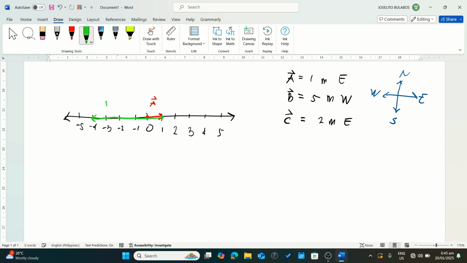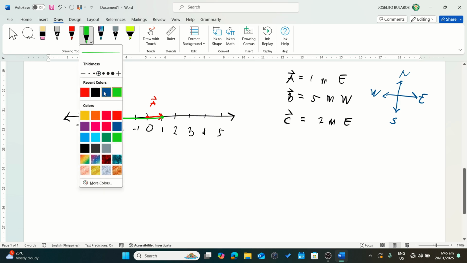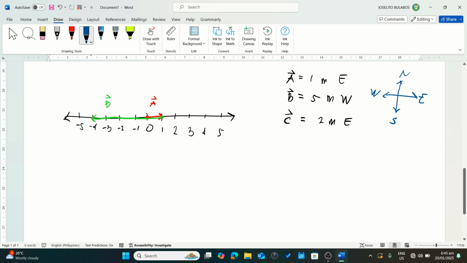This is for B. Now for C, it moves 2 meters east. So from here, we have to move 2 meters. 1, 2. And this will be our C. And this is where our last vector is located.